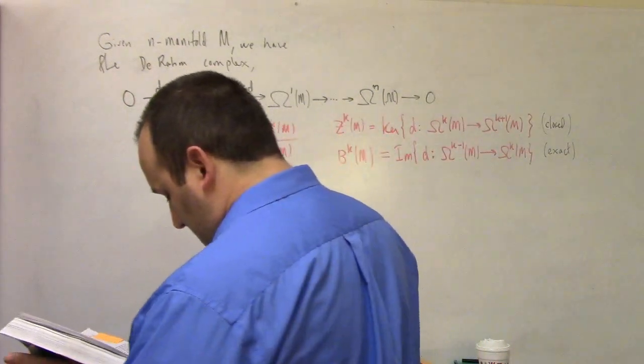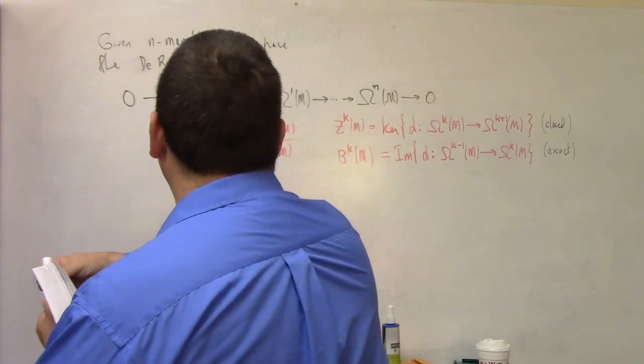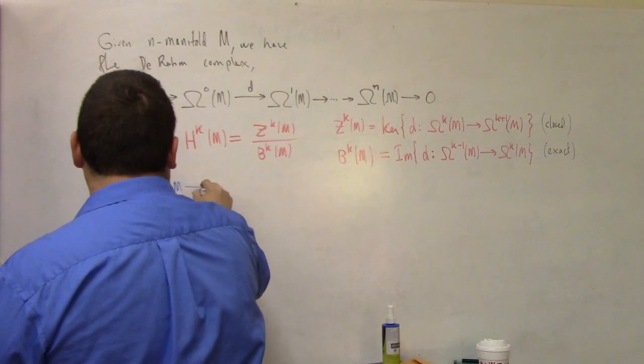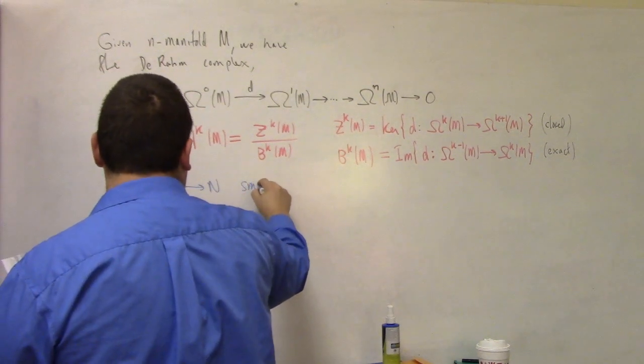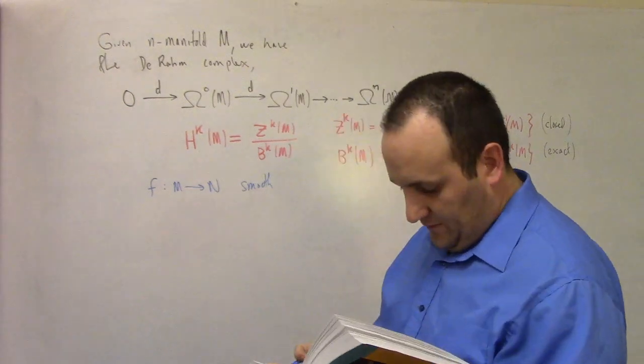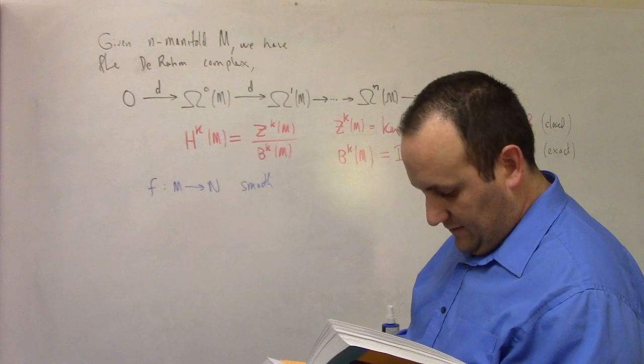Let's see here. If you have a smooth map from a manifold M to a manifold N, what else can we do? Remember what we can do with a smooth map with differential forms? Pull back and push forward? Exactly. We can pull back.